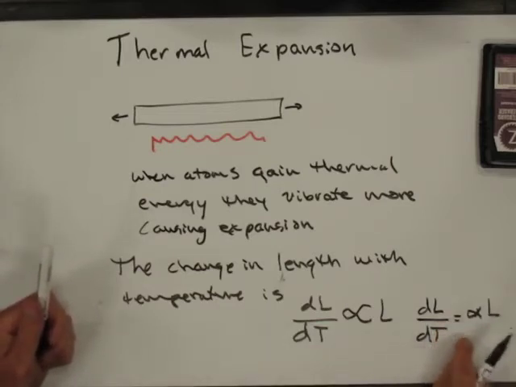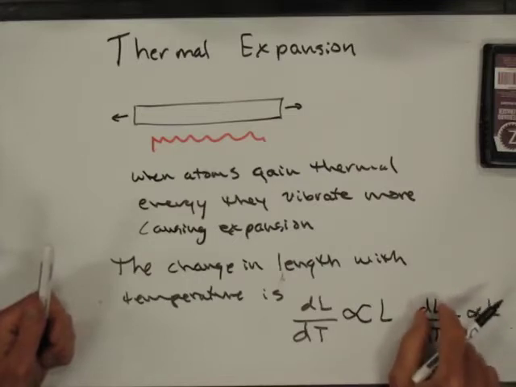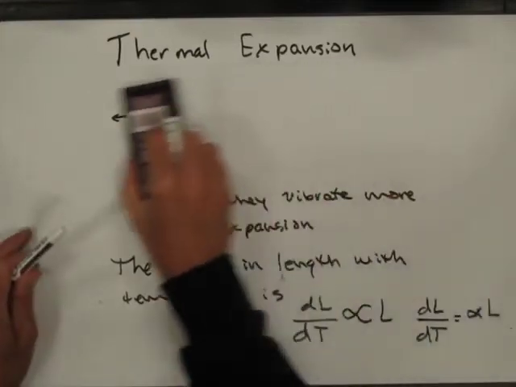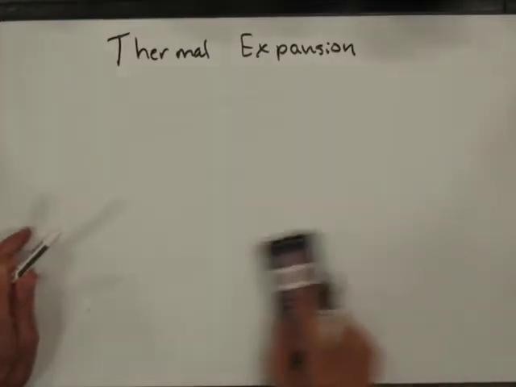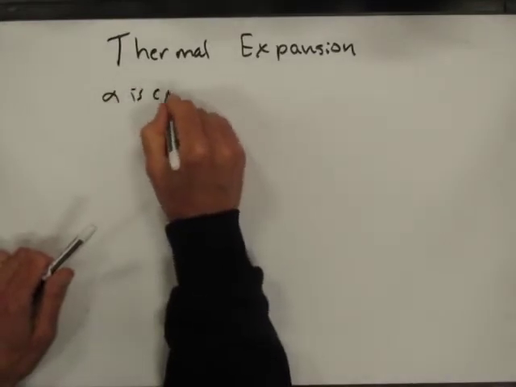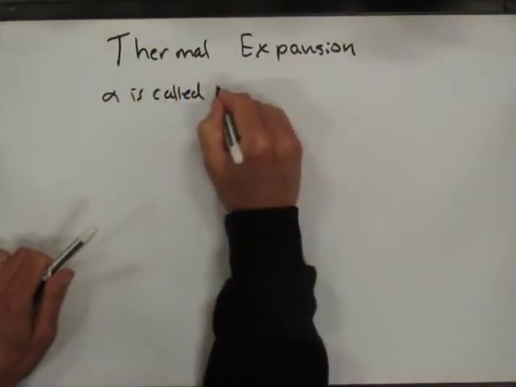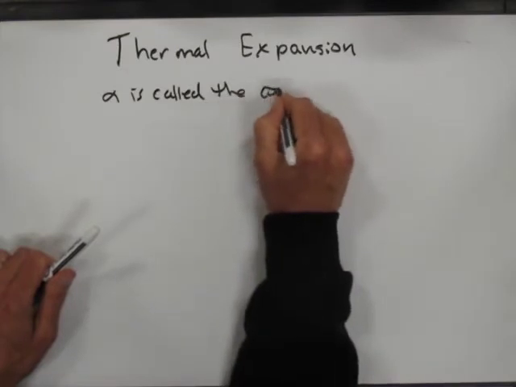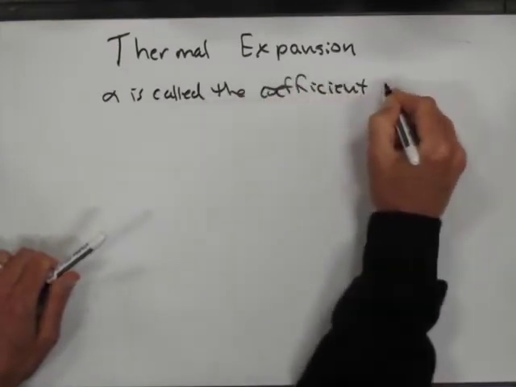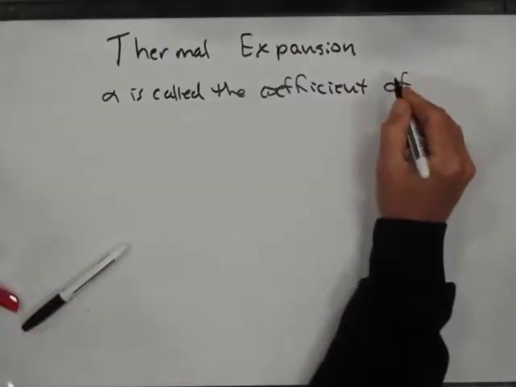This is the relationship between the change in length with respect to temperature and the length, how long the object was in the first place. And so alpha is called the coefficient of thermal expansion.